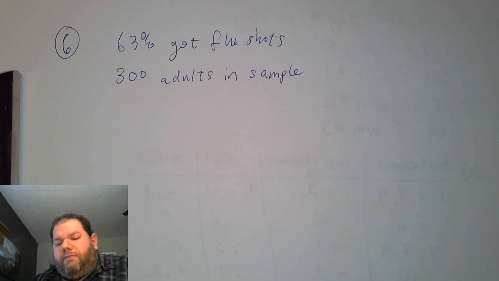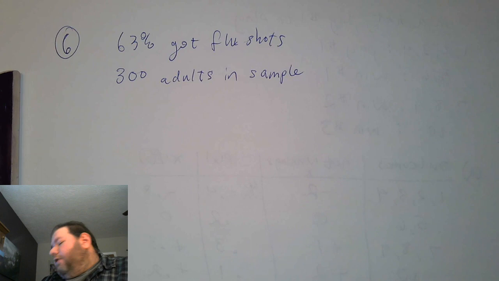So we know 63% got flu shots last year, and we have 300 adults in the sample. And they want us to find the following.